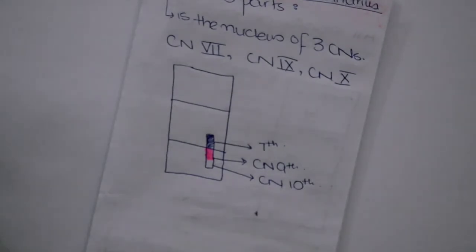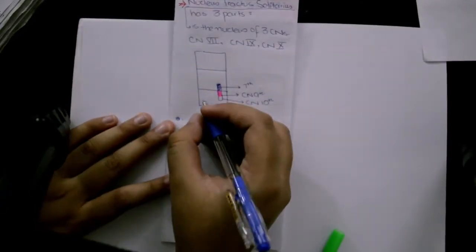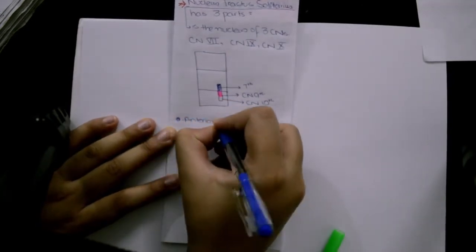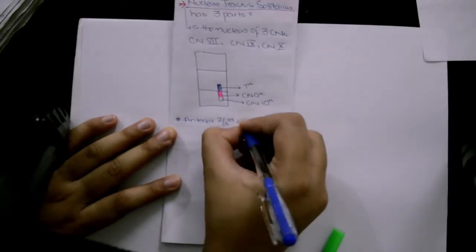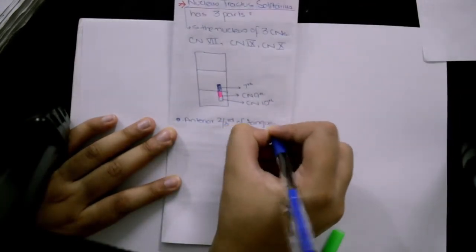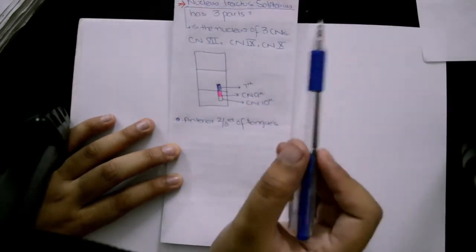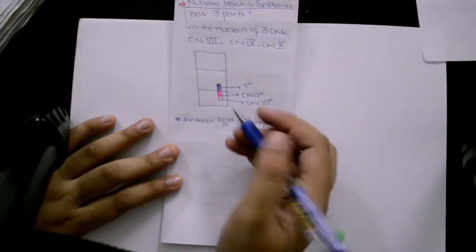So yeah, anyways, now the anterior 2/3 of the tongue sensations. Because this is the nucleus that perceives taste, we'll find out how it does it and what it does.